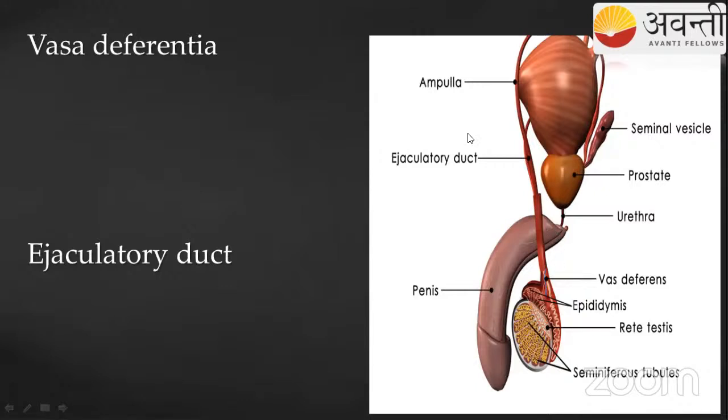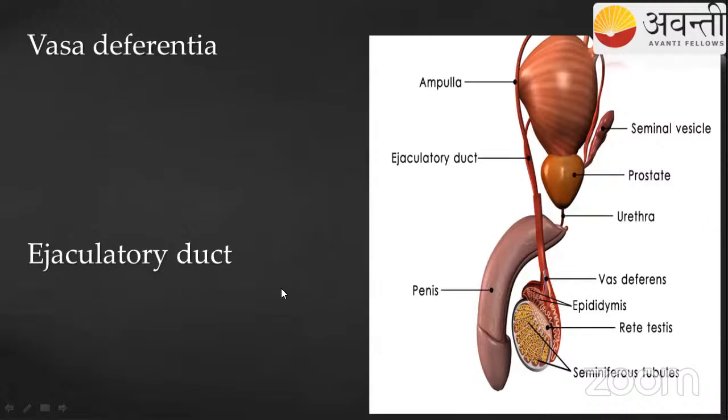It makes a loop around the urinary bladder. That is the thing to remember from this portion.